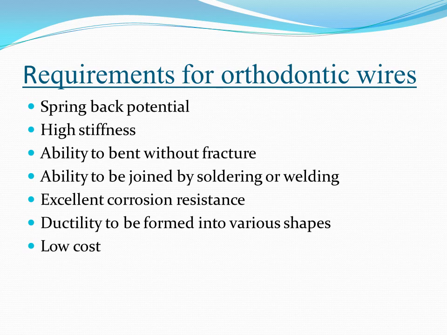Because our wires will have different components on them, brackets and bands, they all should be able to be joined to each other, and this is done by soldering or welding. They should have excellent corrosion resistance, and they should not degrade or corrode within the oral cavity. They should be ductile so they can be formed into various shapes, and they should be cost effective.